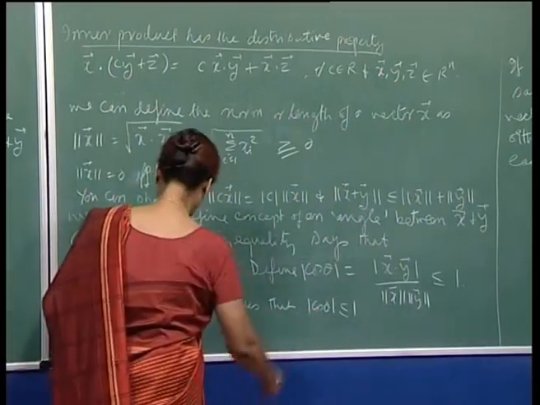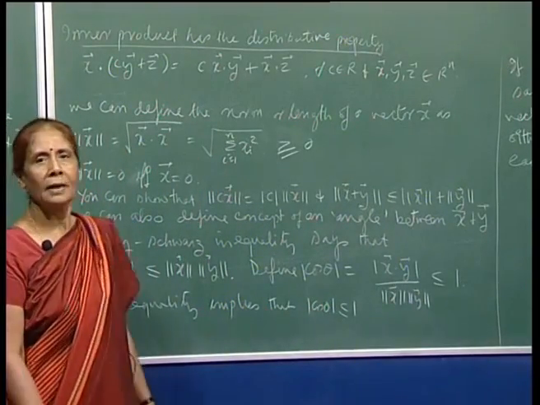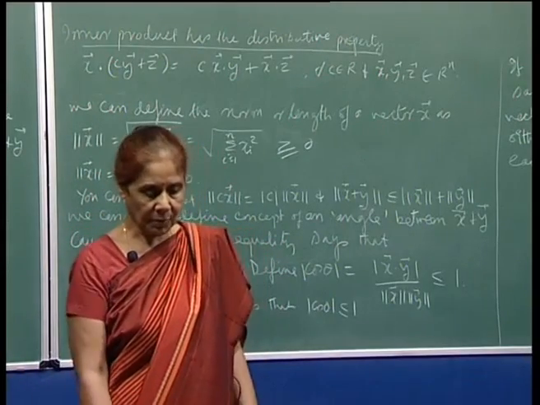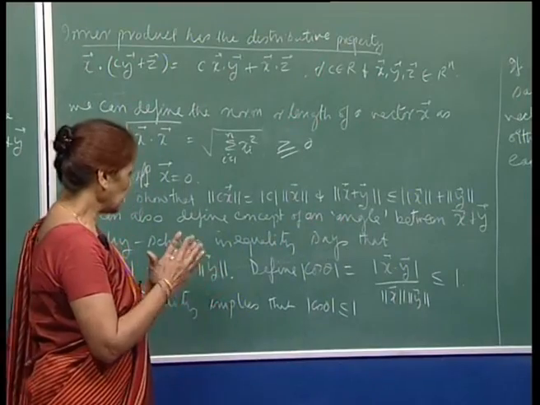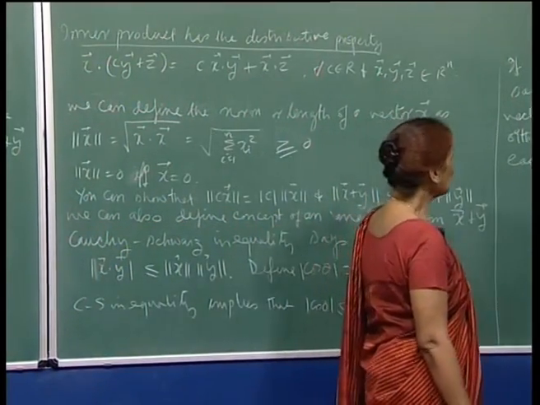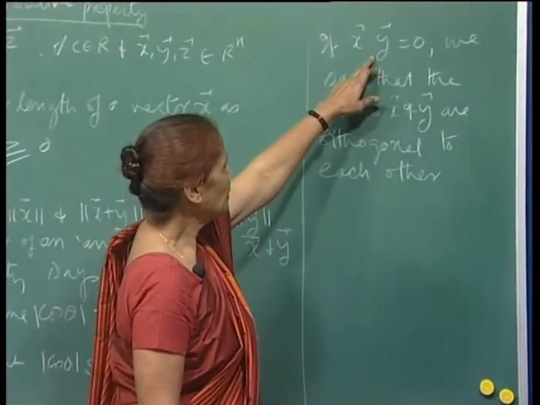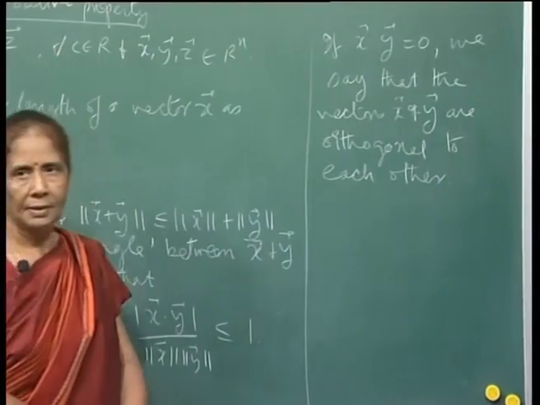Okay, I have written that here. So, the Cauchy-Schwarz inequality implies that the absolute value of cosine of the angle is less than or equal to 1. So, it makes sense to have a concept of an angle here also in n dimensional Euclidean space, and then we immediately say that if this dot product is 0, then x and y are orthogonal to each other.